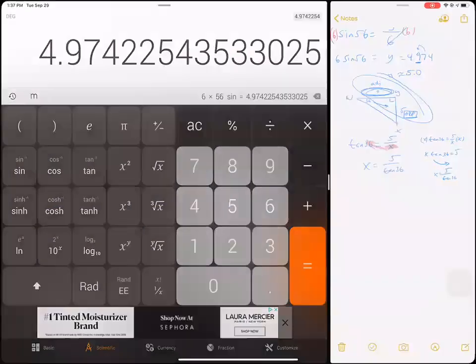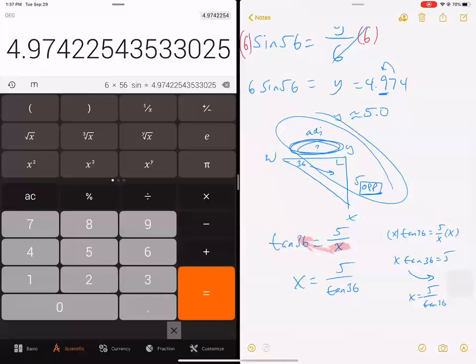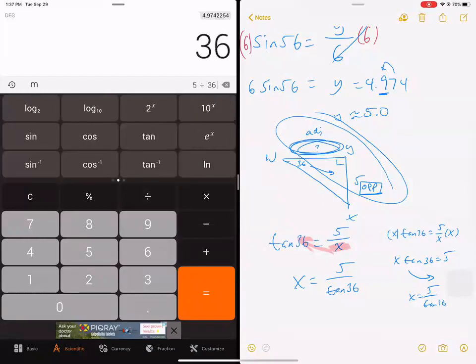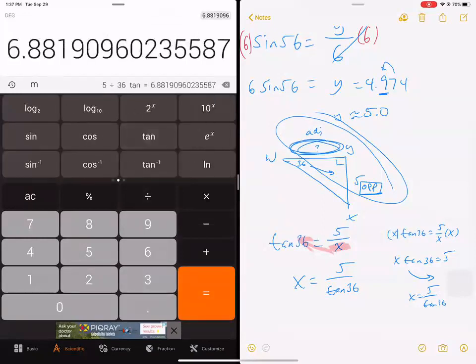So the problem that I got stuck on, Mister, is basically like the one you just solved right now. It's find YZ, and YZ is adjacent, whereas 5 is the opposite, and the angle is 32, the one that they provided to me. When I try to solve it, I just put 5 tan 32, and I got 3.1.